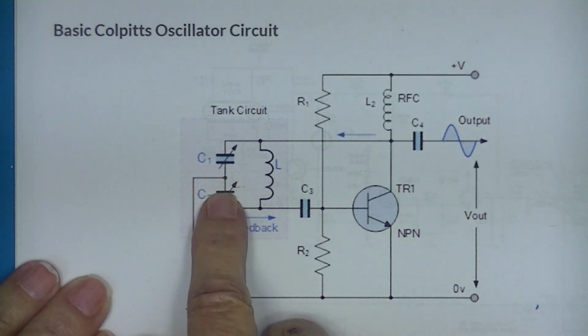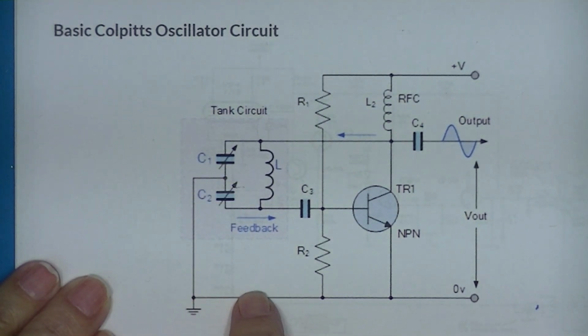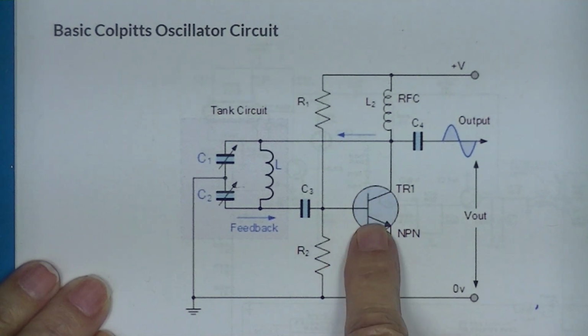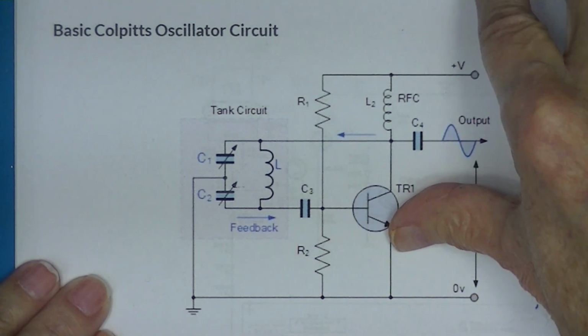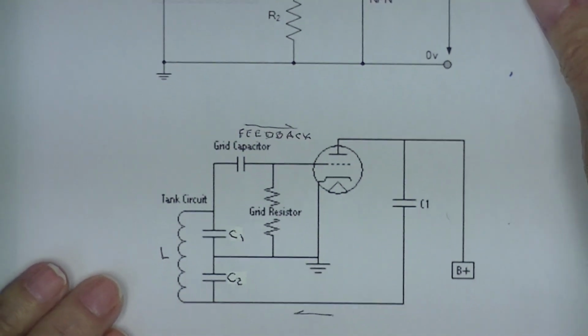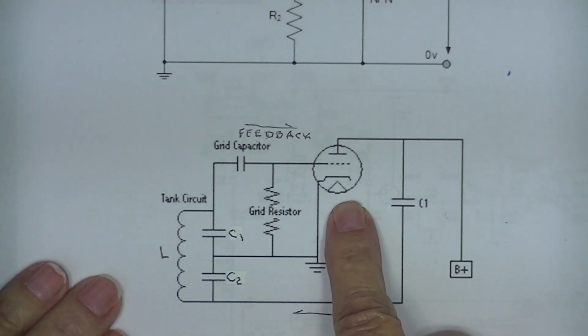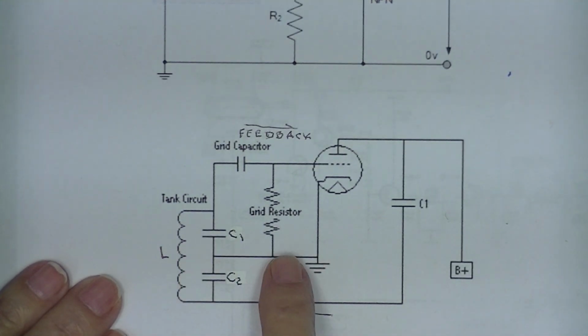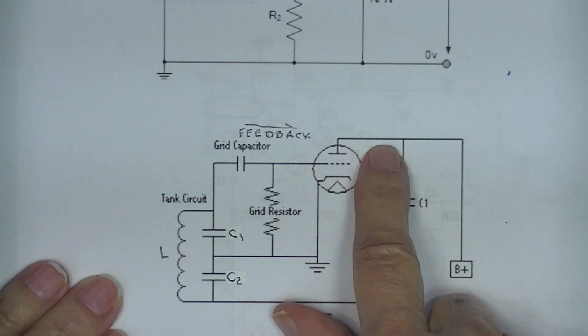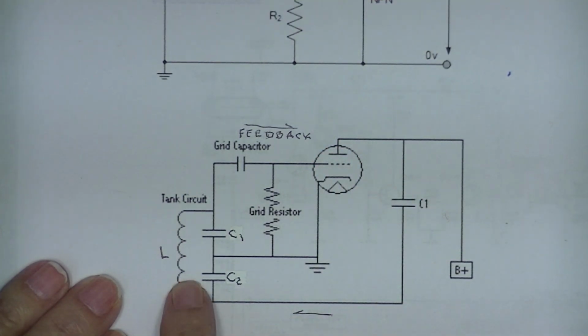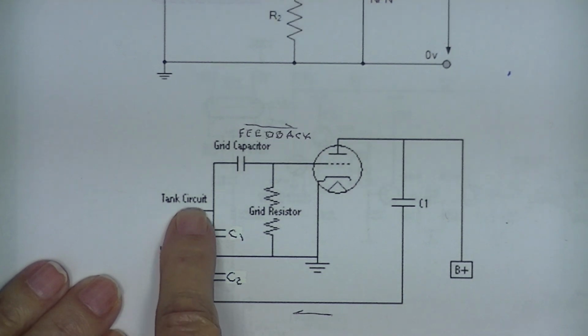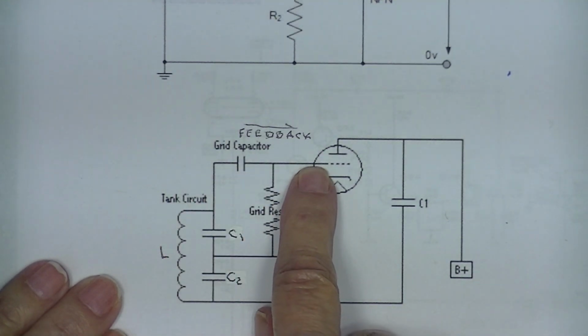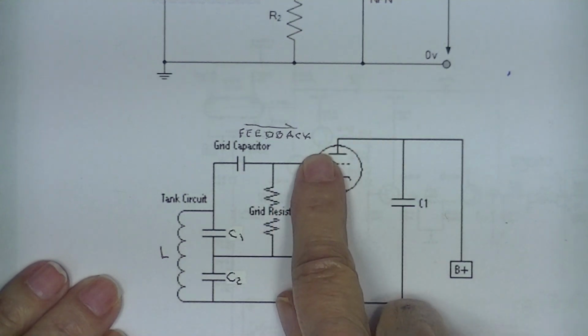And the center of the capacitor goes to ground or V minus or whatever common. It can be a transistor, or it can be a vacuum tube. Same split capacitor, center goes to ground, feedback comes from the output to one side of the tank circuit. The other side of the tank circuit goes to the input of the gain stage.